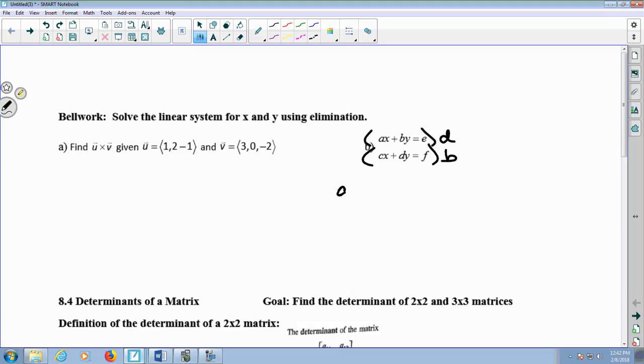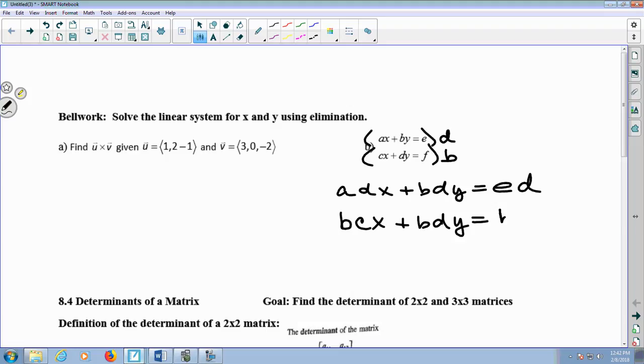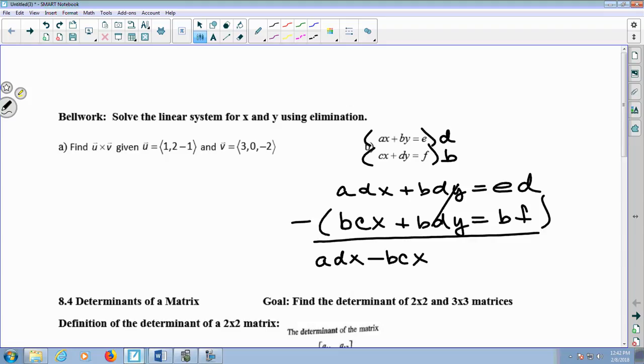If we do that, we get adx plus bdy equals ed. Multiply the second equation, bcx plus bdy, writing in alphabetical order, equals bf. To eliminate the y's, we subtract. The x terms would be adx minus bcx, the y terms will cancel, and then we have ed minus bf.